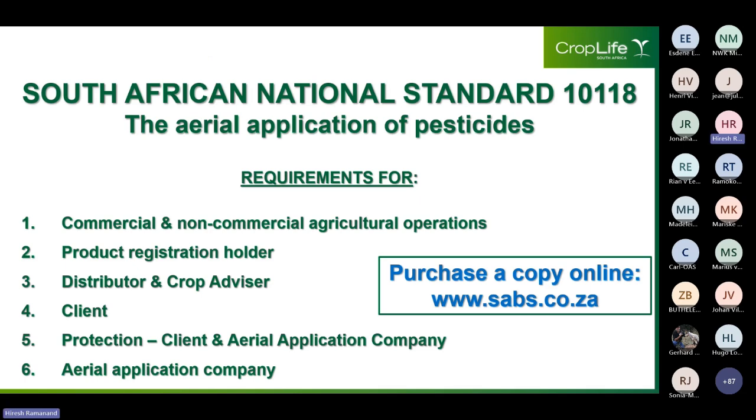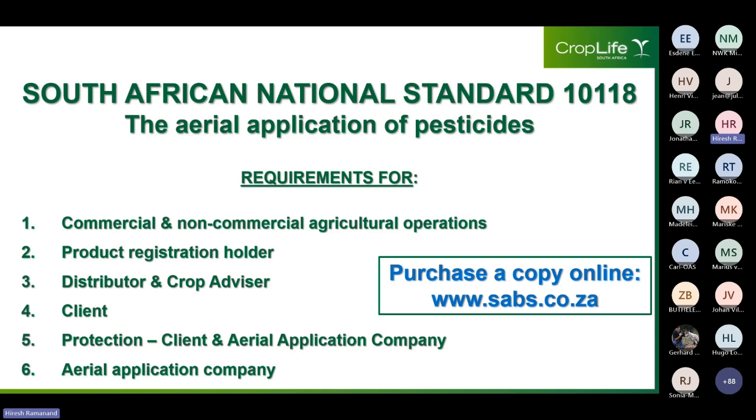Now, as alluded to earlier, SANS 10118 for the aerial application of pesticides has definitive instructions on aerial spraying and outlines the responsibilities of all the different parties involved, which includes the requirements for commercial and non-commercial agricultural operations, product registration holder, distributor and advisor, the client, the protection requirements for personnel involved in mixing, loading, and application as applicable to the farmer producer and aerial application company, and finally, the aerial application company itself.